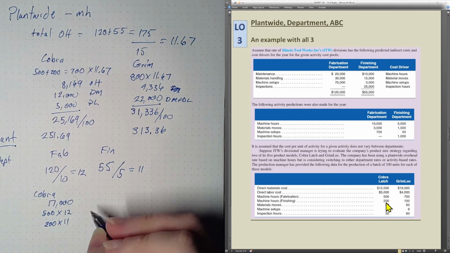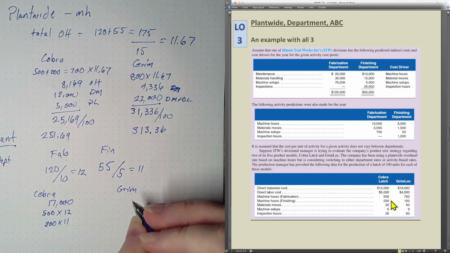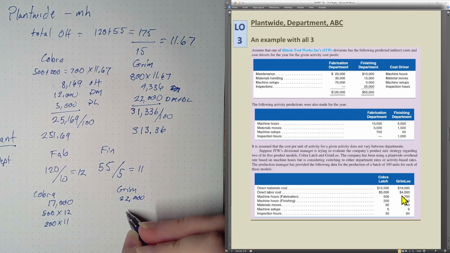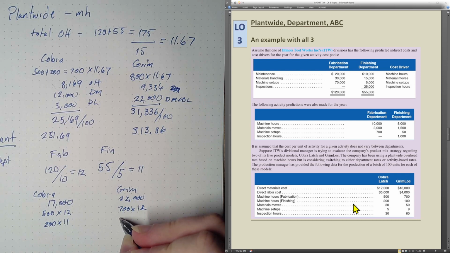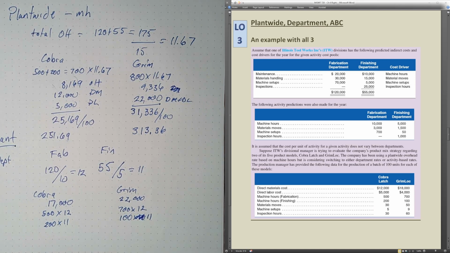So we're not really going to see much of a difference here. And Grimm is going to be the same. It's going to be the 22,000 in materials and labor plus 700 times the fabrication rate, which is 12, and then 100 times 11. So let me go ahead and calculate those out.